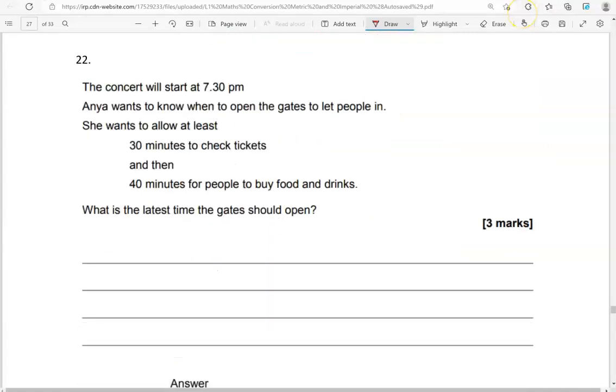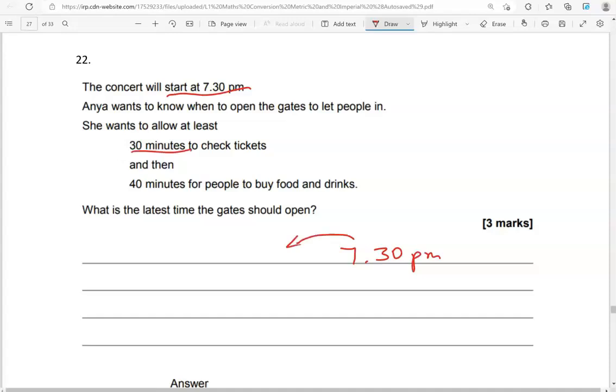The concert will start at 7:30 p.m. Anya wants to know when to open the gates to let people in. She wants to allow at least 30 minutes to check tickets, and then 40 minutes for people to buy food and drinks. What is the latest time the gates should open? So the concert starts at 7:30 p.m. Let's do 30 minutes.